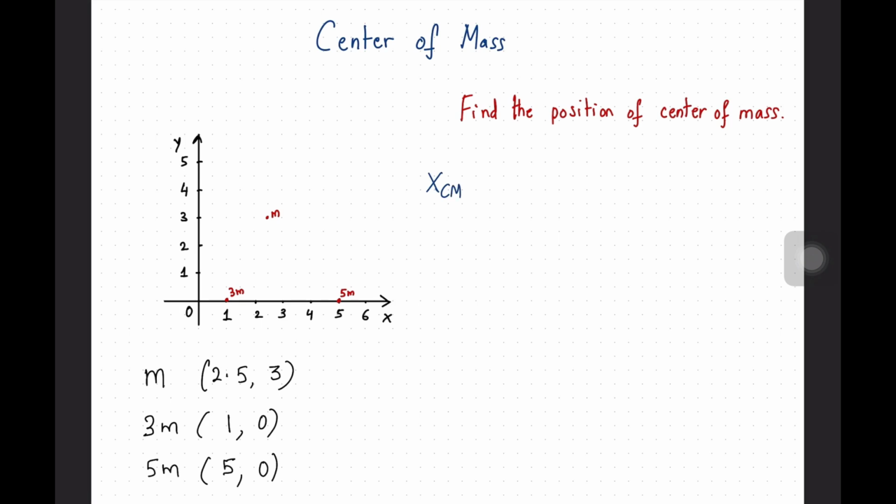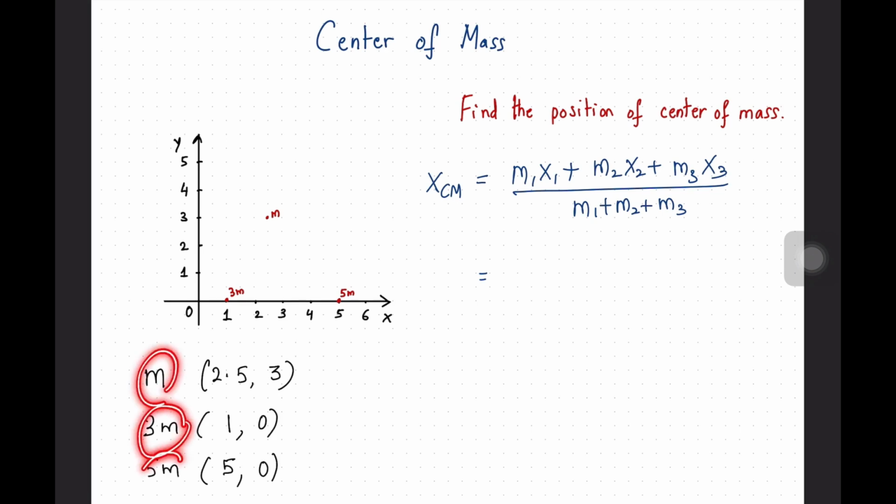Now we can apply the formula for center of mass, that is xcm equals m1 x1 plus m2 x2 plus m3 x3 over m1 plus m2 plus m3. Let's write the coordinates and the masses. Now, because we are focusing on xcm, we will just focus on the x coordinate.